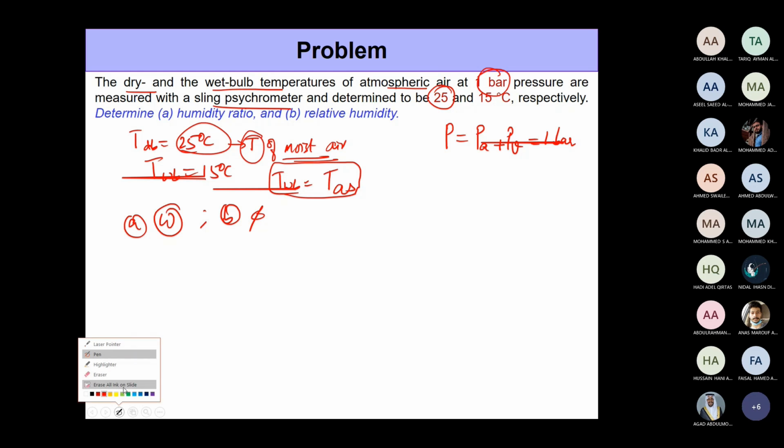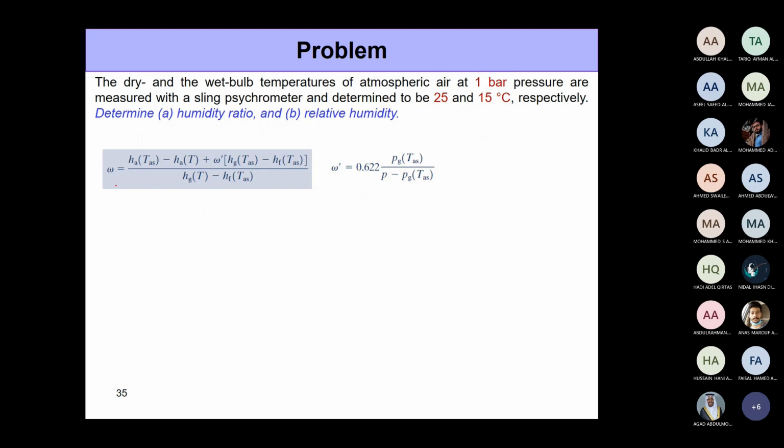So let's make use of the formula. This is the formula that allows us to calculate omega. This is there in the formula sheet, but you should know what each of these terms are so that you can calculate that. Okay. So we need a couple of enthalpies in here, which you can get from the tables, and the only other unknown is this omega prime. Omega prime is basically the omega at the exit, right?